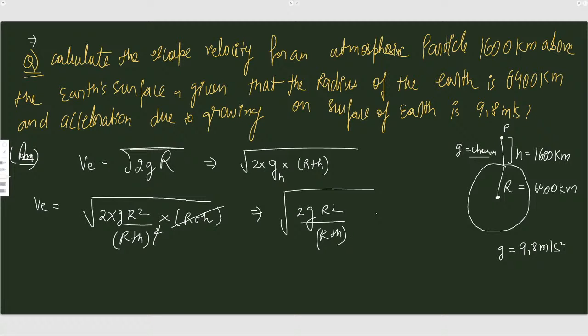R plus h will be equal to 6400 kilometers plus 1600 kilometers, so the value will be 8000 kilometers, which is 8 into 10 to the power 6 meters.